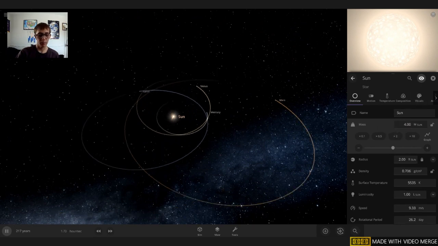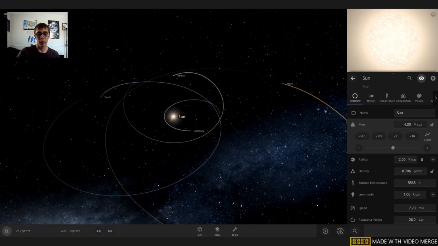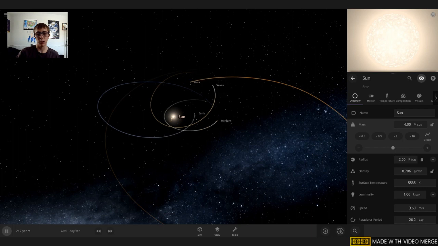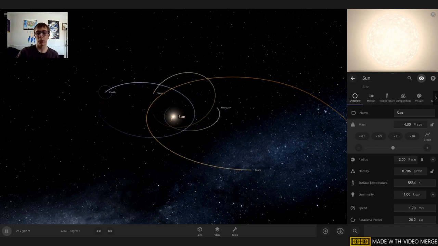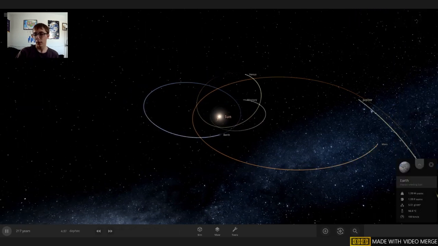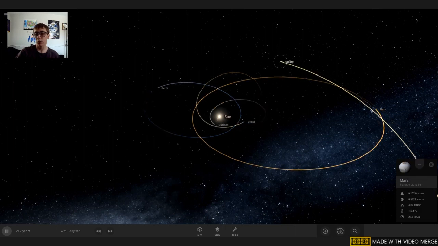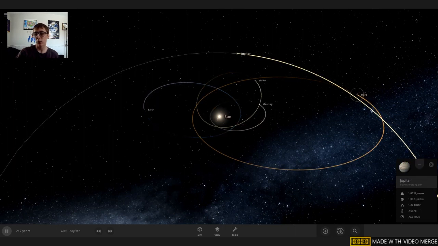Four times. Let's speed time up and see what happens. Okay, we already see the orbits of the planets changing. Oh, that was a pretty close call with the Earth and Mars. Already we see drastic differences in temperature swings. Here comes Jupiter swinging around in its wild orbit.